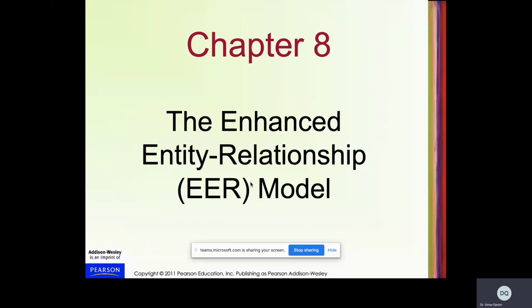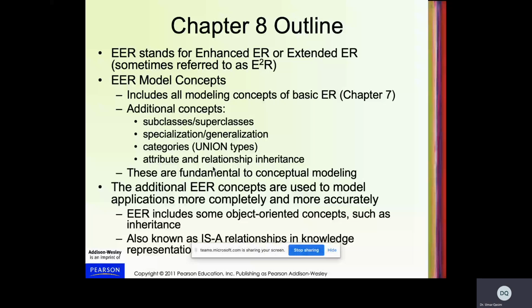The concepts in this chapter are basically built on the foundation of what we studied last time. This chapter focuses on additional concepts like classes and superclasses, specialization, generalization, union types, attribute and relationship inheritance.